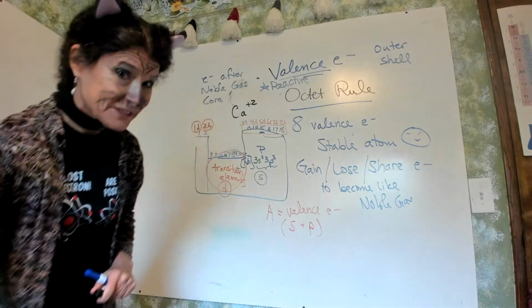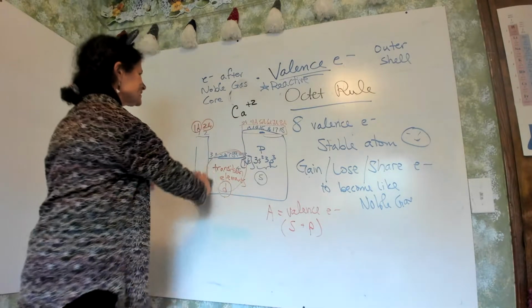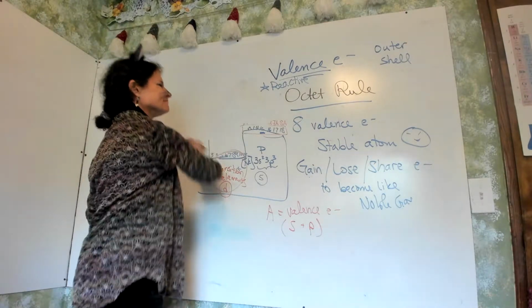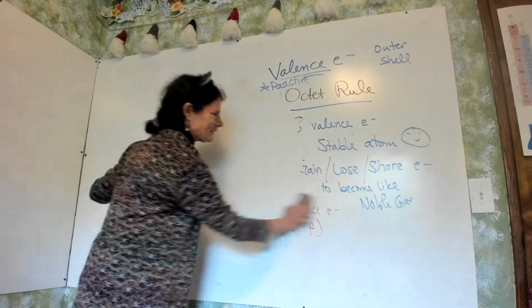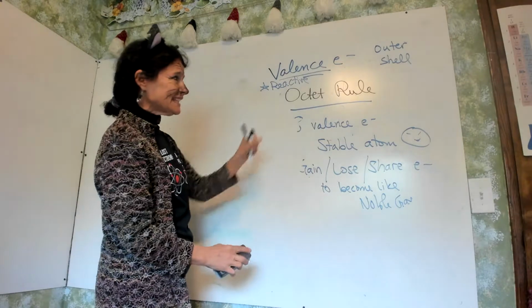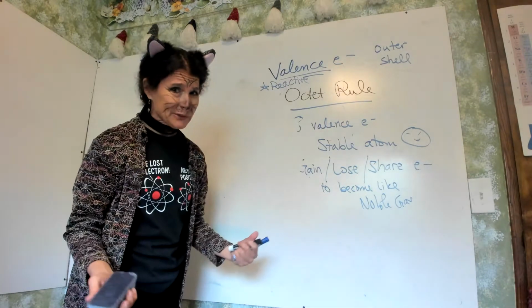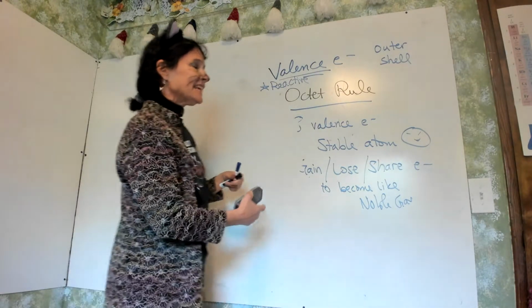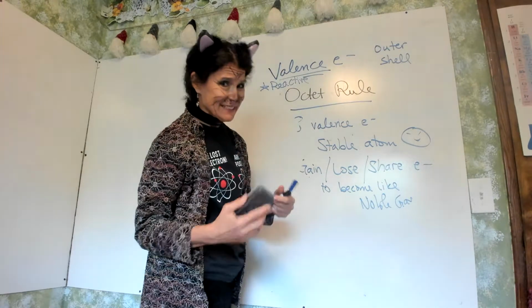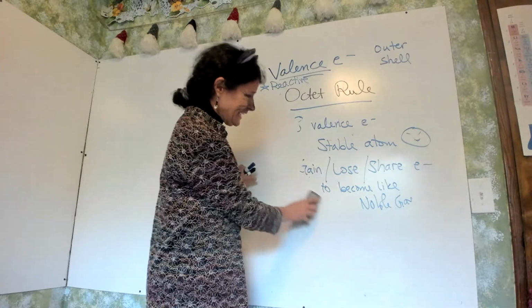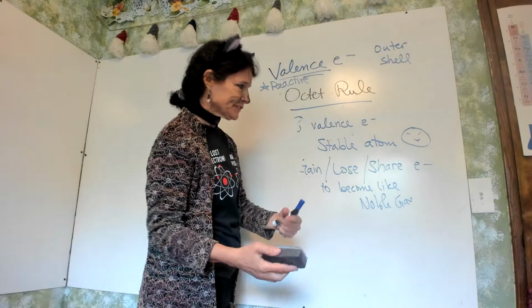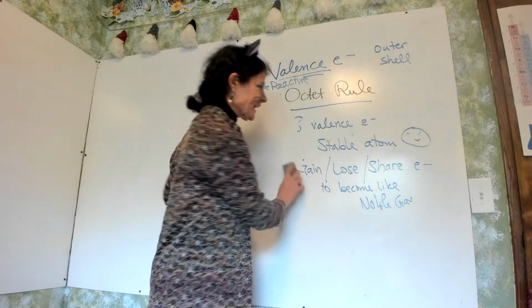All right, so let's get into predicting charges. The key with the octet rule, it was named the octet rule because of 8 valence electrons. They've adapted it now because of how valence electrons are counted. It's more that you gain, lose, or share electrons to become like a noble gas.